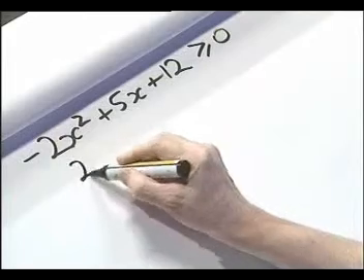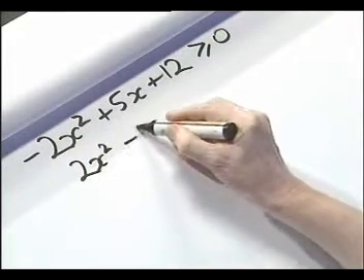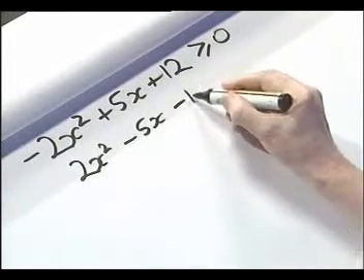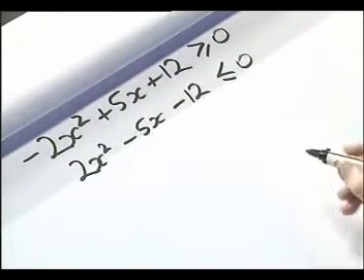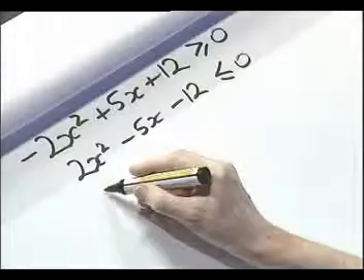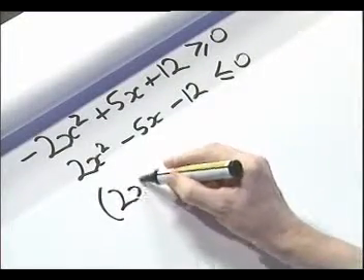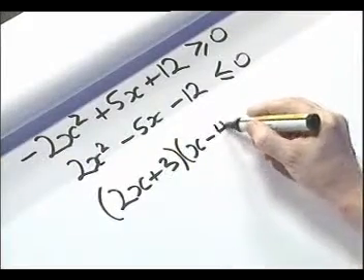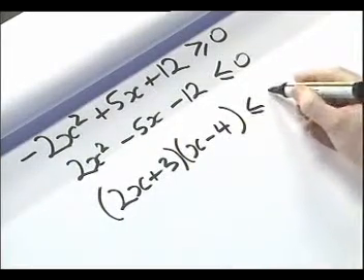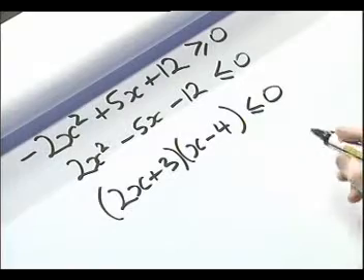This gives us 2x squared minus 5x minus 12 is less than or equal to 0. This expression factorizes to (2x plus 3)(x minus 4), so that is less than or equal to 0.